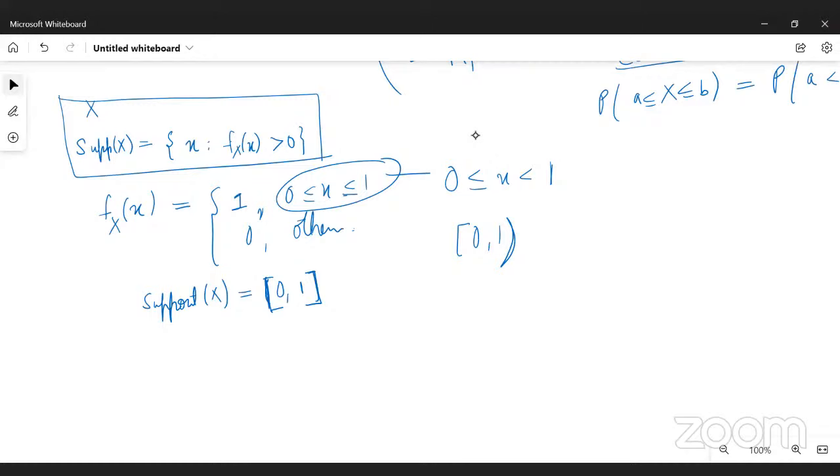Ma'am, my doubt is, if instead of 1 it was given as some unknown variable, like k times x, and the limit was between 0 and 1. Then first you'll have to find the value of k.